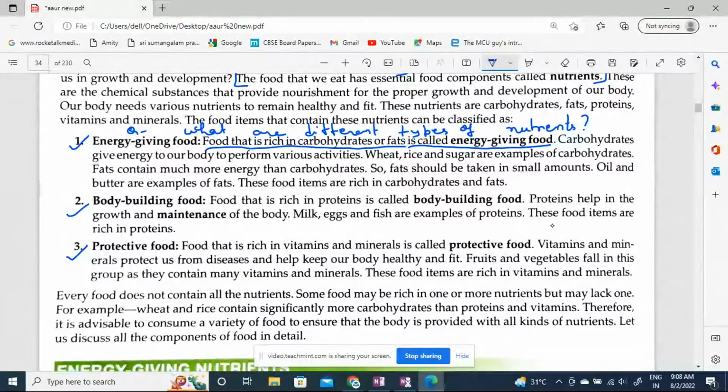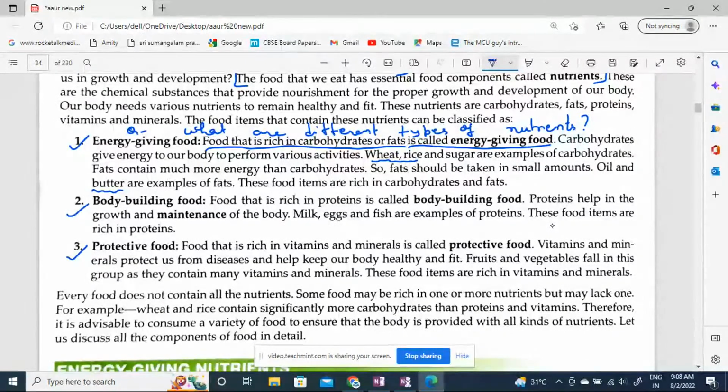So all the food materials which are rich in carbohydrates and fats are termed as energy giving food. If they ask for an example, write wheat and rice, and you can also write butter. Butter is a fat, wheat and rice are carbohydrates. So this you have to write in the answer of energy giving food.